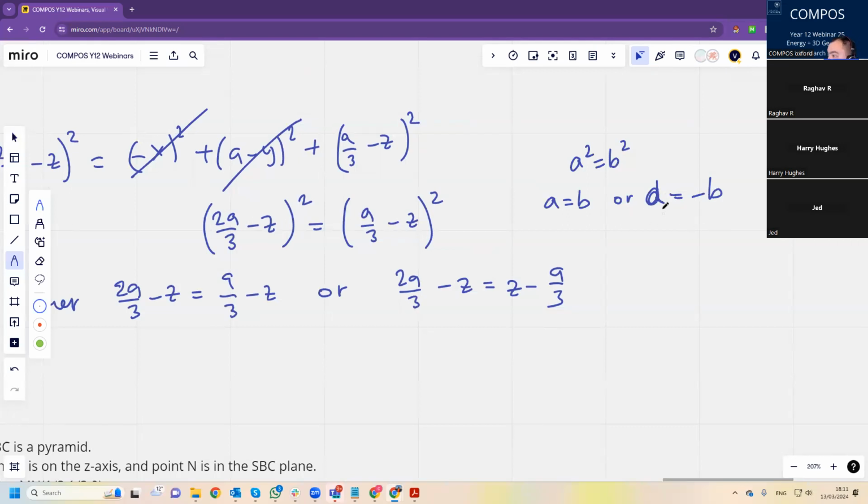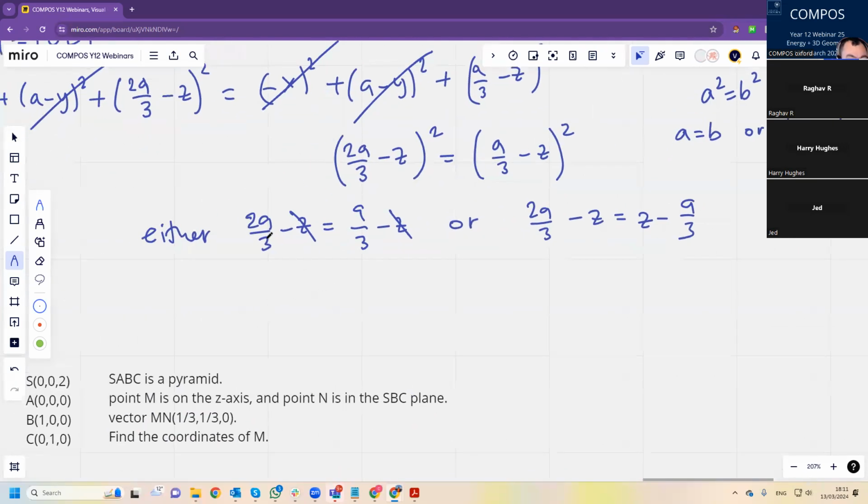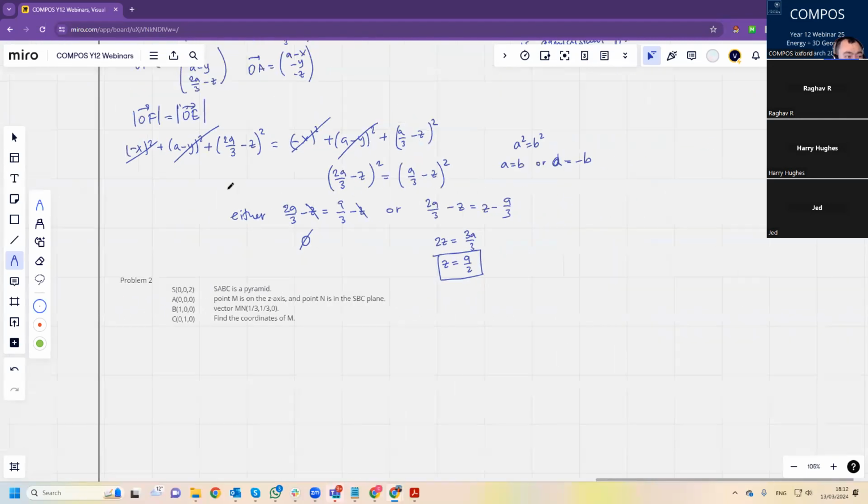The positive doesn't allow you to find z. It is nonsense, like 2a over 3 equals a over 3, which is wrong. It only works if a is 0, and a is clearly not. So here we have 2z equal to 3a over 3, so z is equal to a over 2.